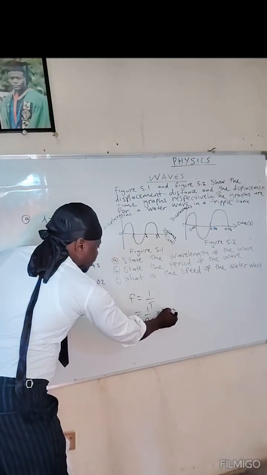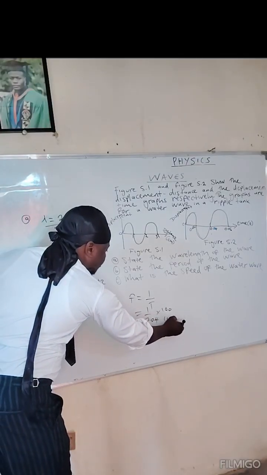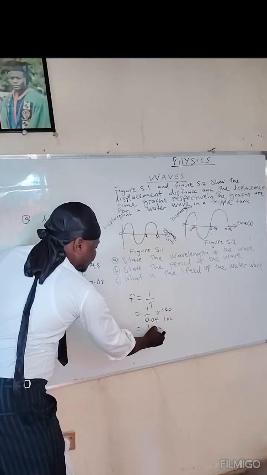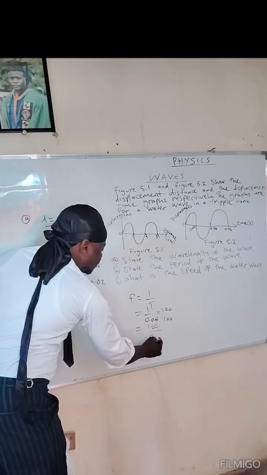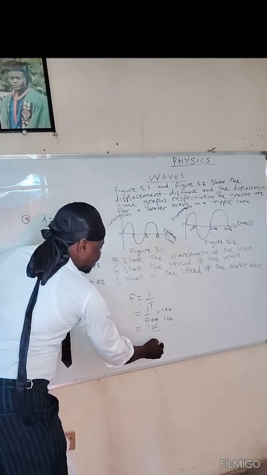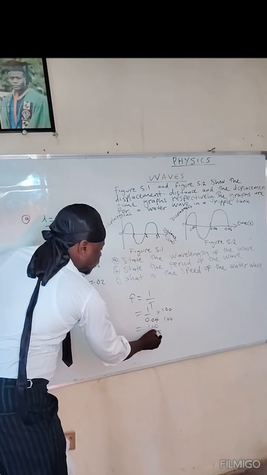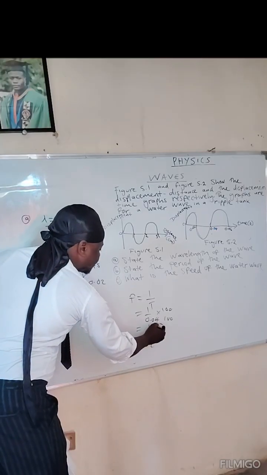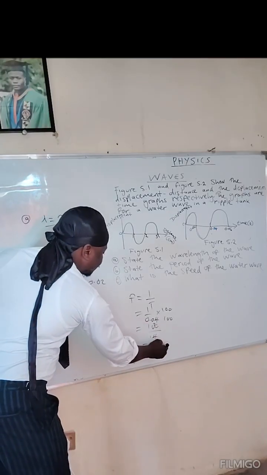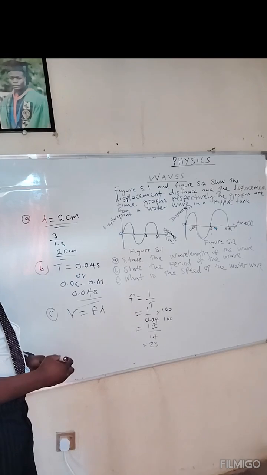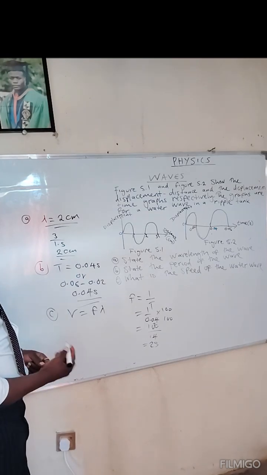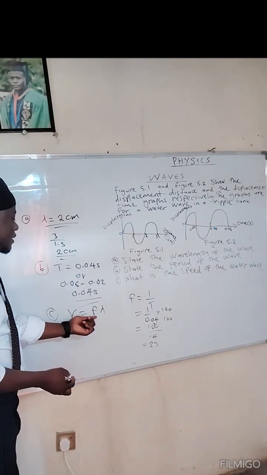Okay, you can use the calculator. Then 1 times 100, you have 100 over 0.04 times 100, you have 4. Then 4 into 10, you have 2. 4 into 20, you have 5. So meaning we have frequency, which is 25.